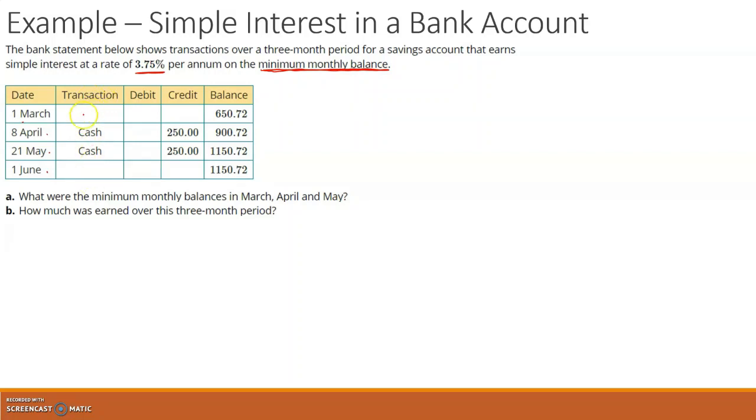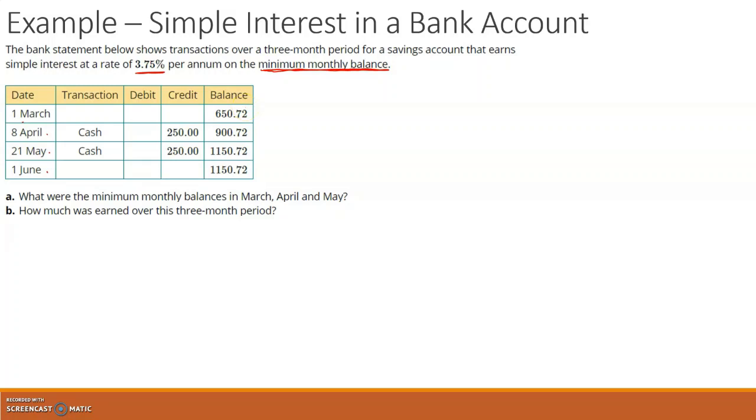And on the 1st of March, there was no transaction at all. So therefore, there was no debit or credit. So no money left the account and no money entered the account. But the balance on that date was $650.70. That's the only piece of information we have for March. So let's assume that's the minimum monthly balance. Because after that, no money left the account. So the money in the account never got lower than that in March.